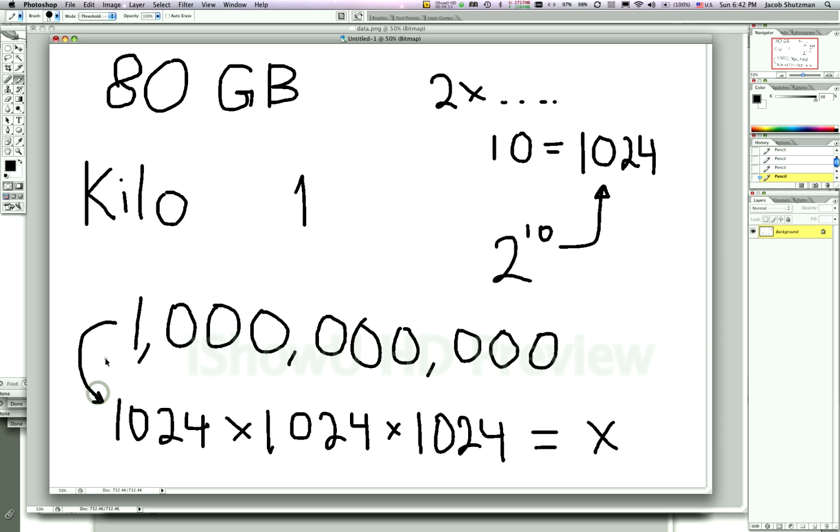And the confusion will be when you buy a disk of 80 gigabytes and you check the size inside the computer, it will tell you that it's approximately 74 gigabytes, but not 80, even though the manufacturer said it's 80. And the reason is because of this difference, and we'll talk about that in the next section because we're running out of time. And that's it for this section for right now.